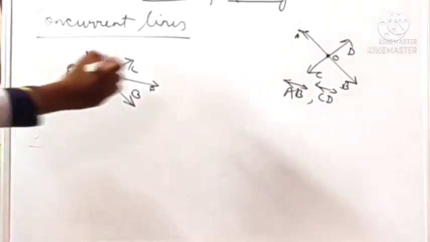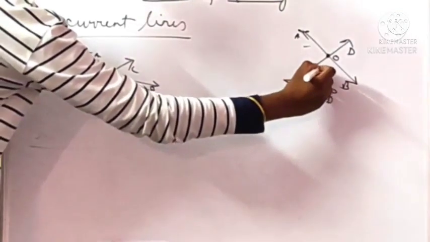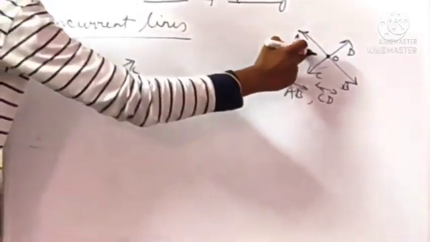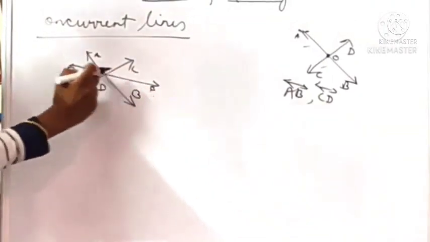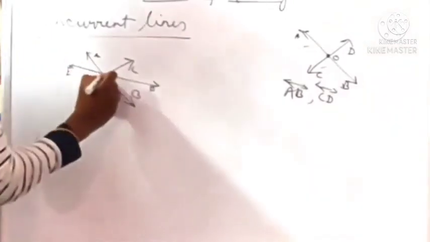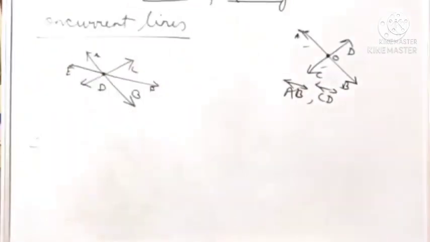But here there are only two lines, so they cannot be said as concurrent lines; they will be said as intersecting lines. But if they have three lines or more, then they will be said as concurrent lines. And the point where they are intersecting each other will again be said as the point of intersection. So I think you have got the idea of concurrent lines.